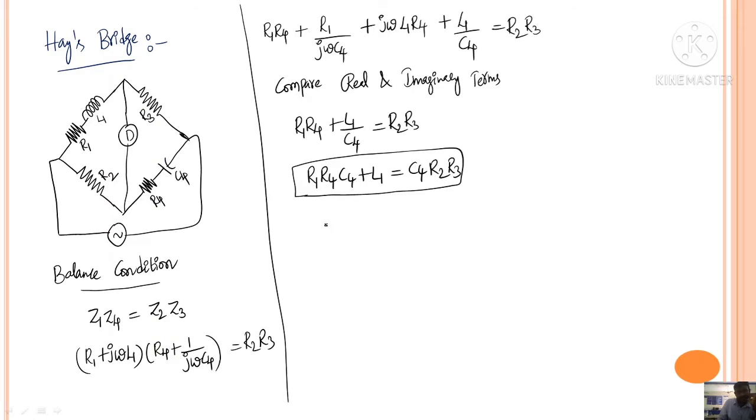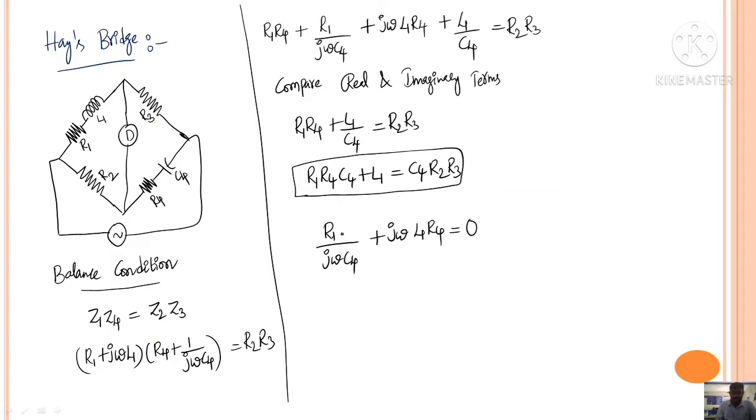So what I can write is R1 by j omega C4 plus j omega L1 into R4 is equal to 0 if you compare the imaginary terms.